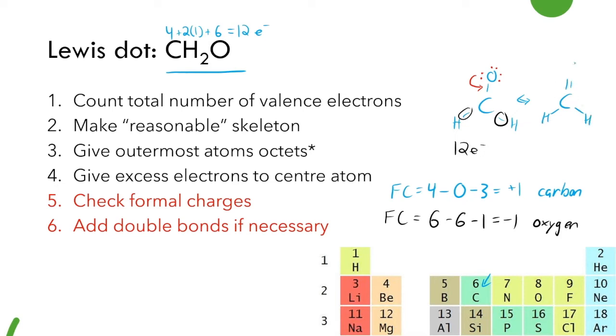We come out with a double bond between the oxygen and the carbon. And now the oxygen only has 2 lone pairs. If we were to calculate these formal charges again, you'd find that both of these formal charges are now 0, which means this molecule on the right is a better Lewis dot diagram than the one on the left.